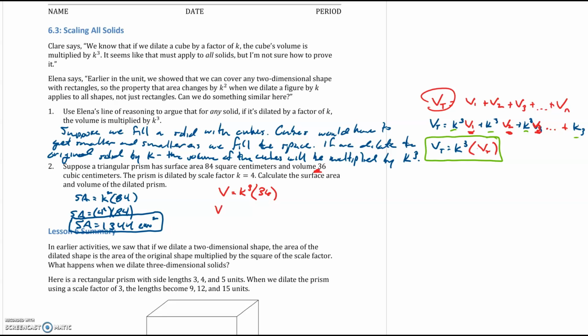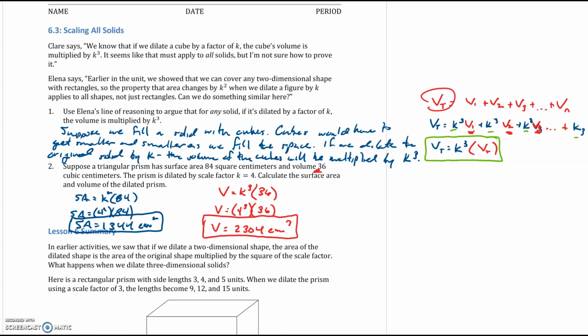So the scale factor is 4 cubed times 36. My new volume, 4 cubed times 36, on our calculator is 2,304 cubic centimeters.